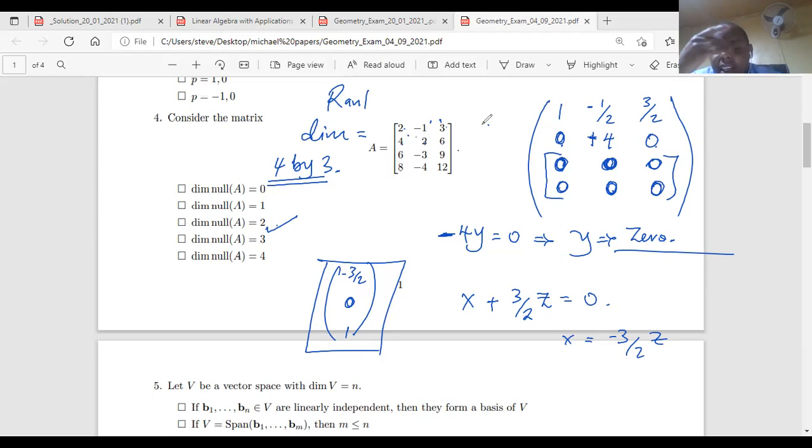So they're saying the rank is 1. Yes. The rank is not 1. The rank is 2. I don't know why they're saying that the rank is 1.